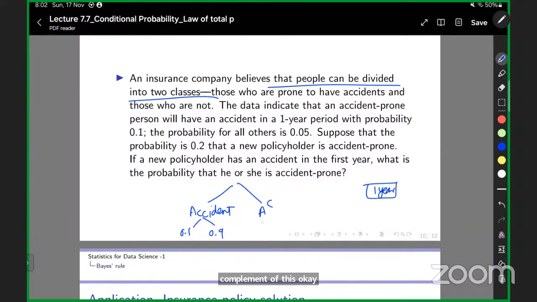Then on the other side, the probability for all others is 0.05.